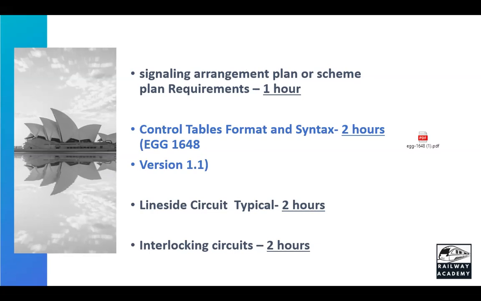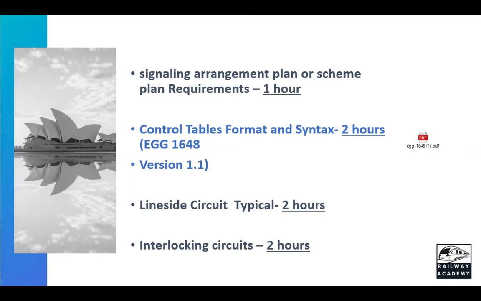Then line side circuit typicals are available, about 171 sheets in the standards. We'll cover a few important sheets, like HR, HDR, DR, and some cut section track. And then the interlocking circuits, which are other than interface circuits. Interface circuits are outside, that is line circuits.